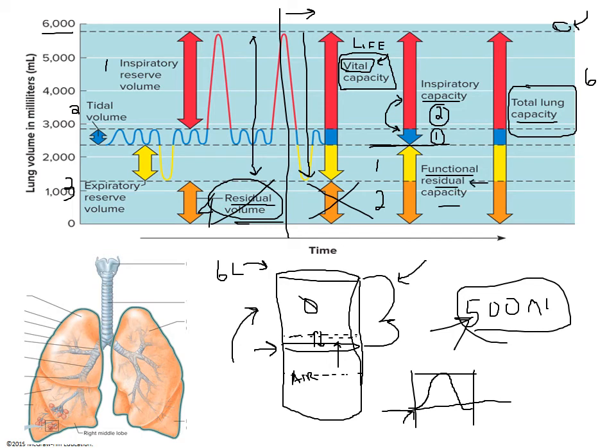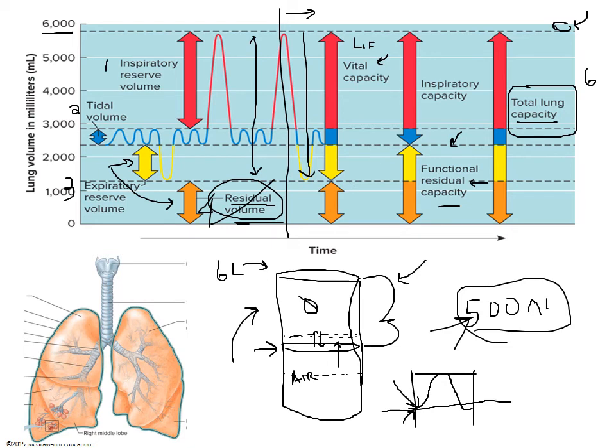Functional residual, we just said residual means leftover, so right here at the bottom of a normal breath, how much is left over? It's going to be the expiratory reserve plus the residual volume. Those 2 volumes are added together to make the functional residual capacity.